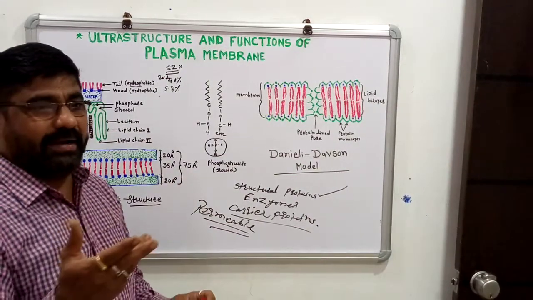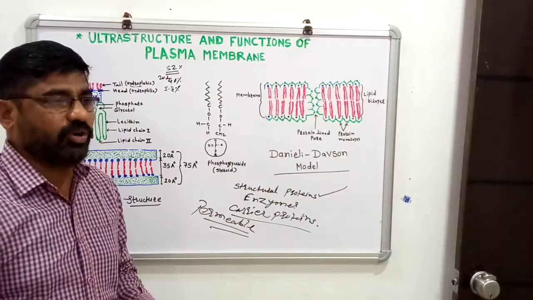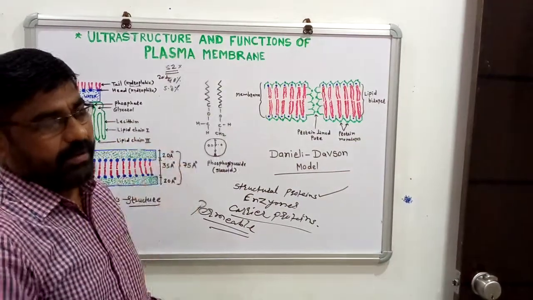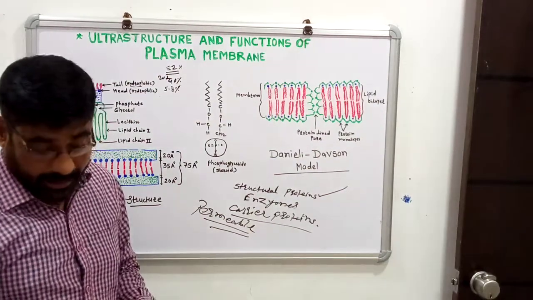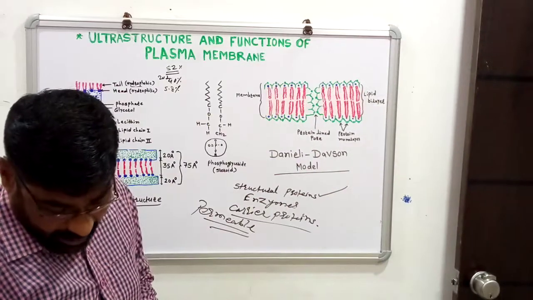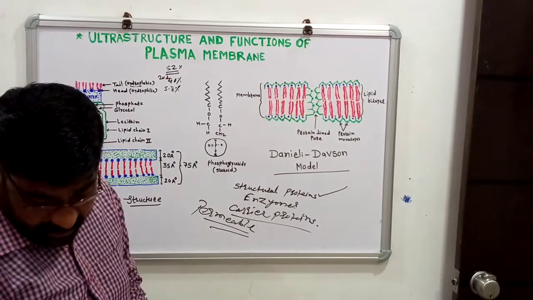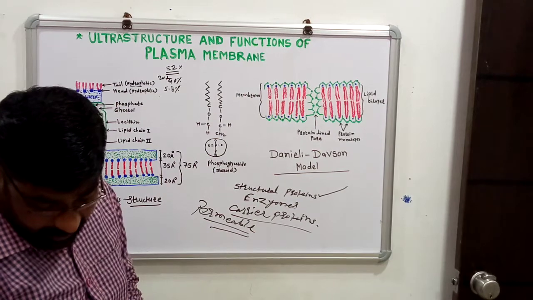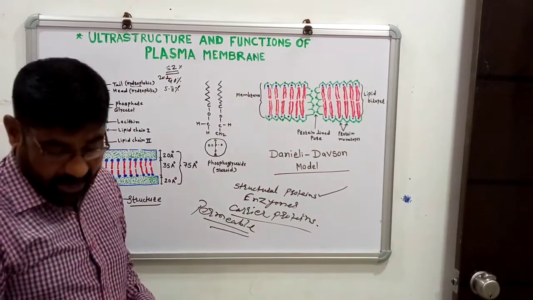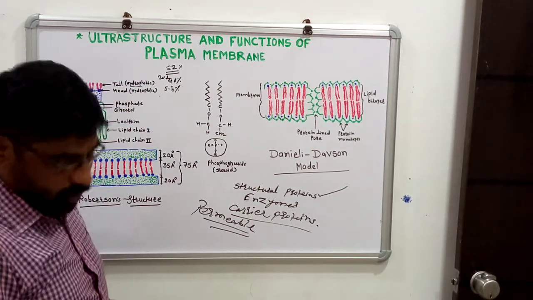At that time, Gorter and Grendel proposed the hydrophilic and hydrophobic nature of the lipids present in the plasma membrane, with an aqueous environment inside and outside the lipid layer, where the heads are hydrophilic and the tails are hydrophobic.